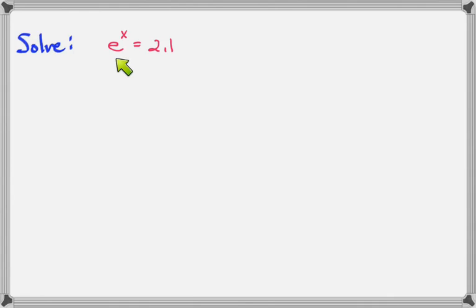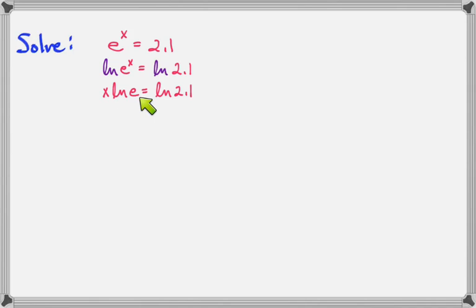Here's another example with base e. So we're now going to take the natural log of both sides. Okay, and then our power rule helps us out. We can take that exponent and put it down in the coefficient position. And all we have to do now is divide both sides by ln e. But you may be thinking, well, how do I get ln e on the calculator?